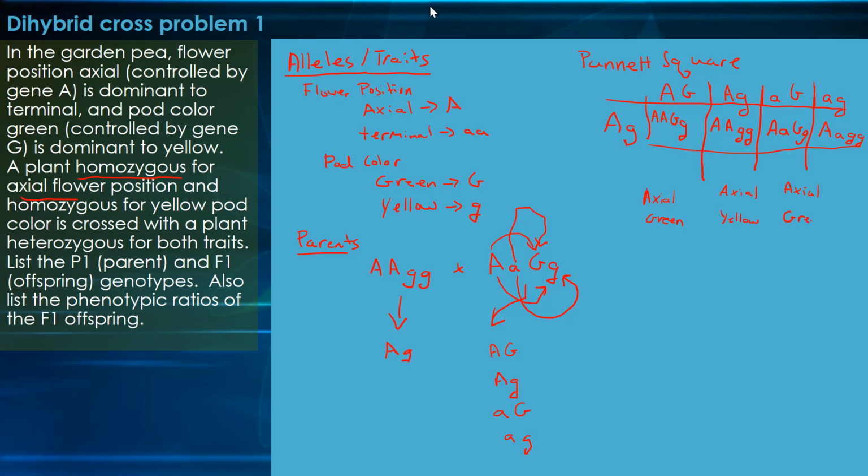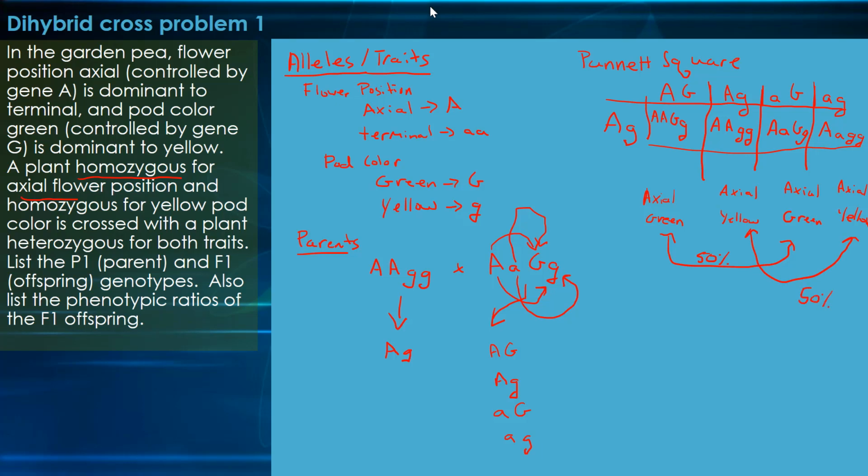Okay, so 50% of the offspring. And this one is axial and yellow, and 50% of the offspring. So basically we've got 50% of the offspring have that phenotype, and 50% of the offspring have the axial and yellow.